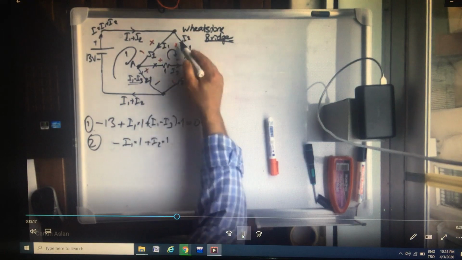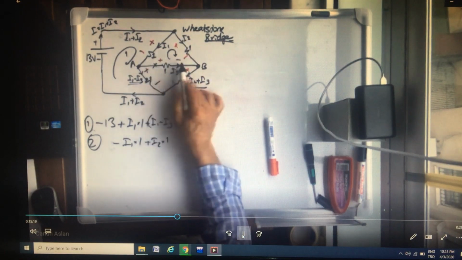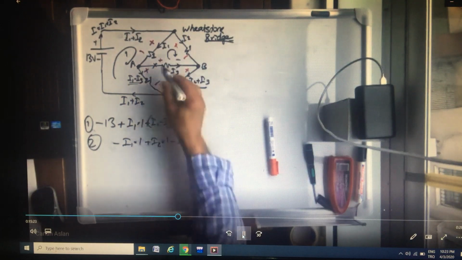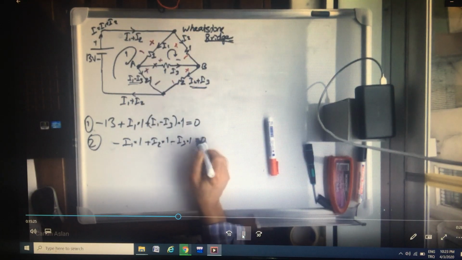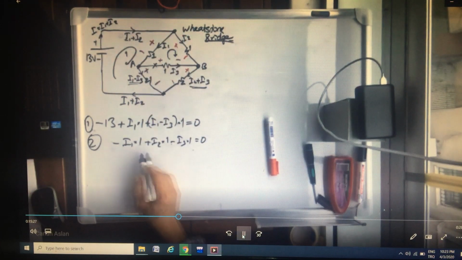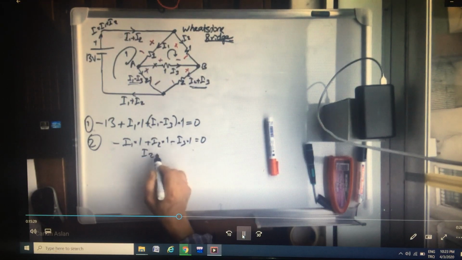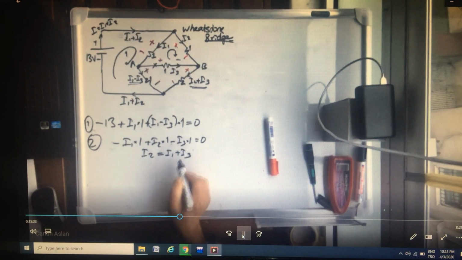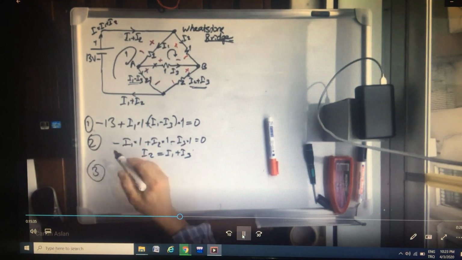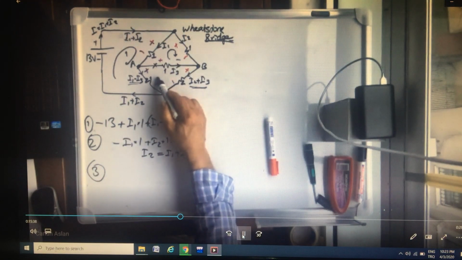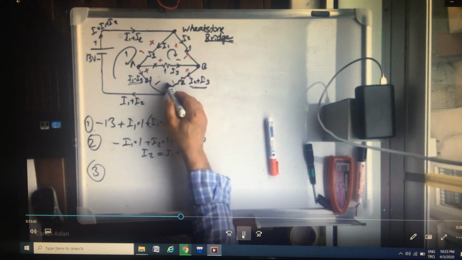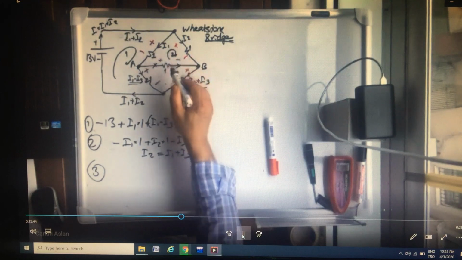Now I have to continue here, again it's opposite, as you see, minus I3 times 1 again is equal to 0. These ones really don't make any difference, so from this equation you can readily get I2 is equal to I1 plus I3. Okay, so number 3, this one, I will write now. Instead of this, I will give you another technique.